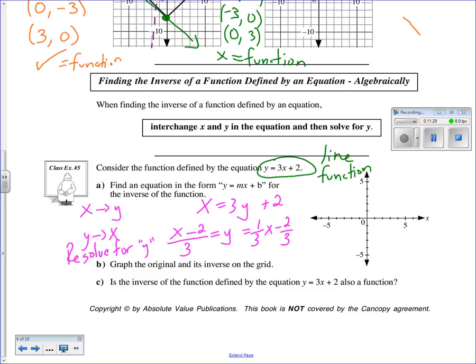So you could more clearly see the slope and the intercept form. That's also still a line, and lines are functions. So both the original graph and the inverse are functions. So the inverse is a function, which I want to say check mark. The original one was a function, which I want to say check mark.